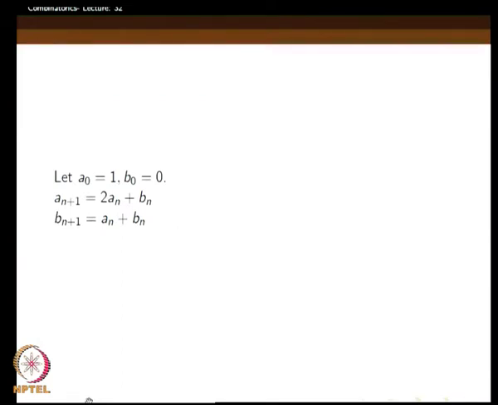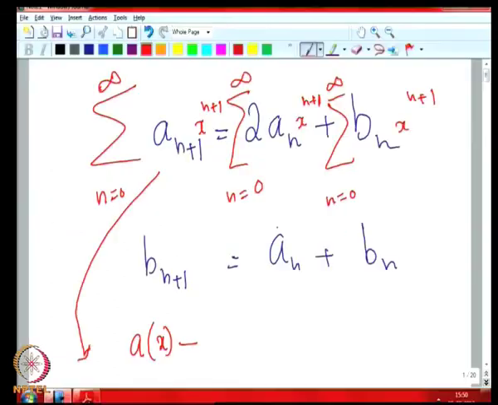So, it is 1 into x raised to 0, that is just 1, right. So, we get 1 here is equal to, here 2 we can take out, n equal to 0 to infinity, but x raised to n plus 1 is multiplying. So, we can just remove this and take x out, right.